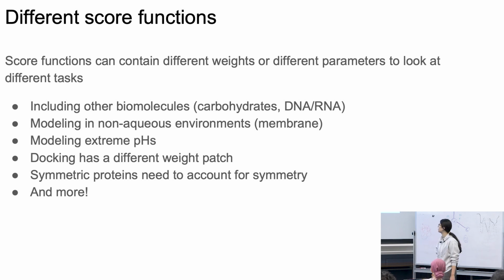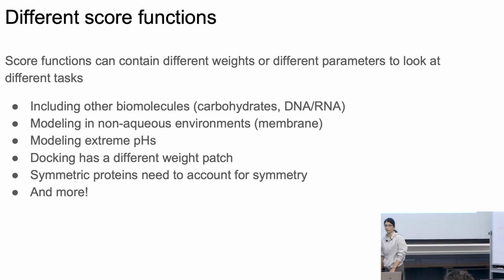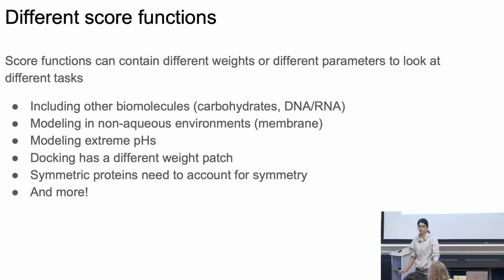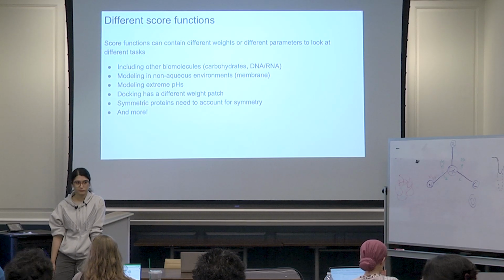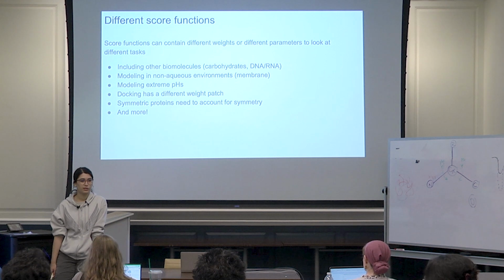So the question is, why do you think we care to represent or change our energies based on DNA or RNA? Why can't they be treated the same way proteins are treated as far as we're concerned with energy? So their structure is different. What else? Or what about the structure is actually different?